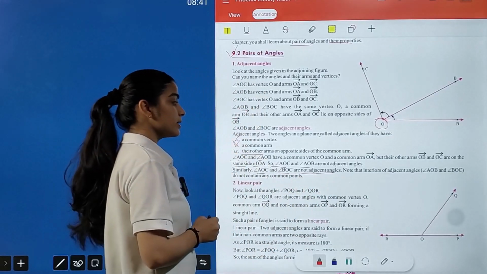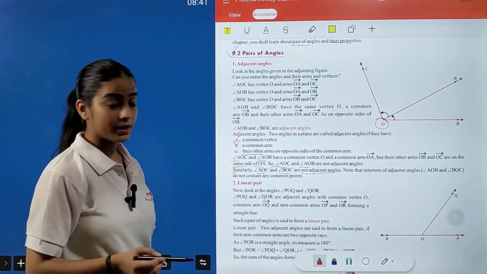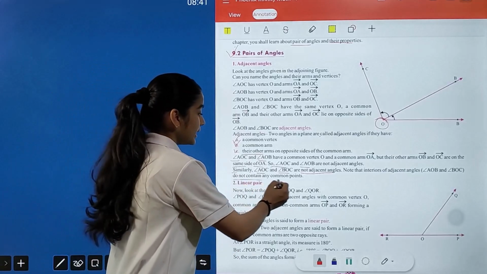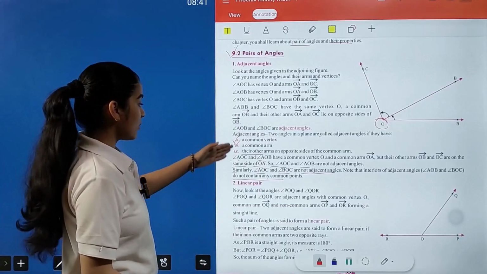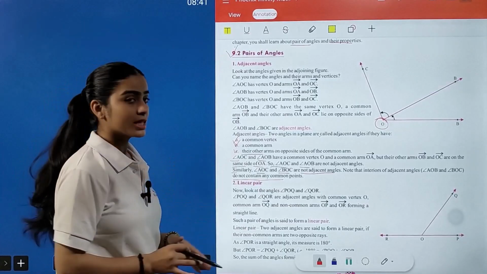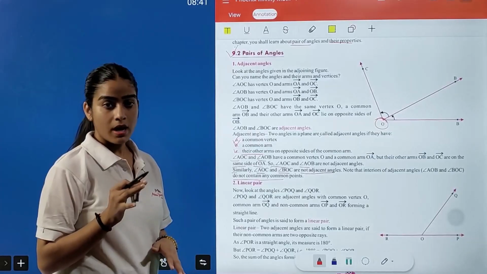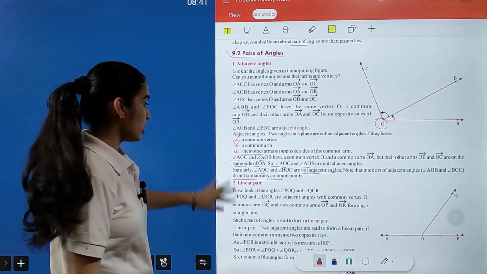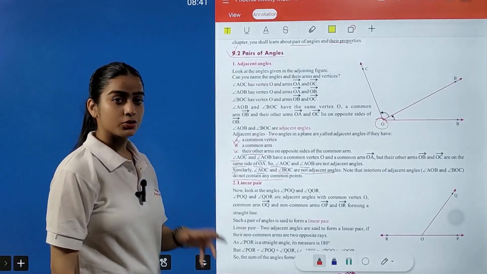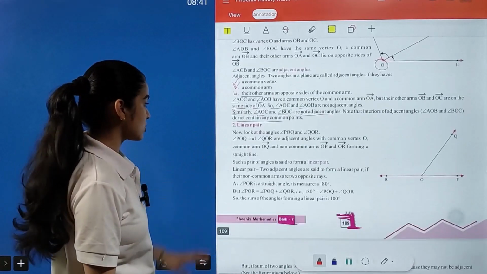Note that interiors of adjacent angles, angle AOB and angle BOC, do not contain any common point. So here, these 3 points are missing in one particular pair, which means they are not adjacent angles. These are the 3 points which should be there to make your angles adjacent angles.